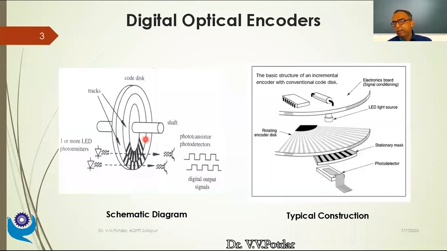Then these two signals are compared, and whatever is the error in position, maybe presently it was at 10 degrees angular position and I want to put this disc or the radar at maybe 40 degrees angular position, this correcting signal is given through a DC motor, and the actuator will actuate the shaft and the radar to the desired position. So these encoders are doing two tasks.